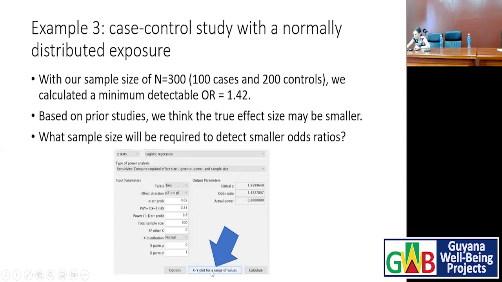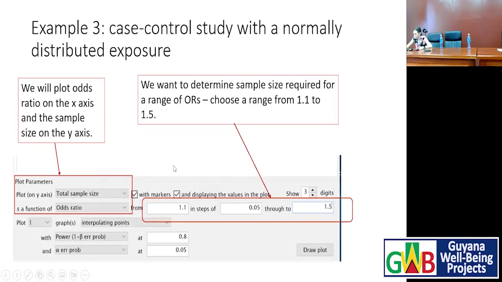So I could do something right here in the G-Power program using this button, XY plot for a range of values. I hit that, and a dialog box pops up, and I make some entries here. I decide to keep the odds ratio on the x-axis, and on the y-axis put the total sample size, so I can look at different odds ratios and see what sample size I'll need.